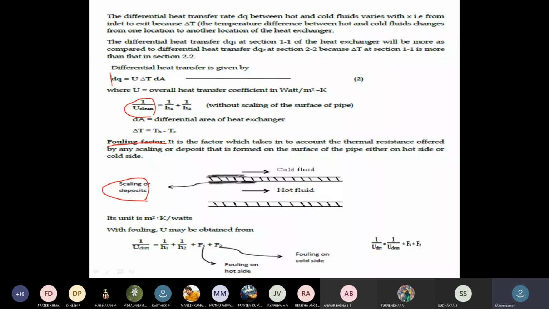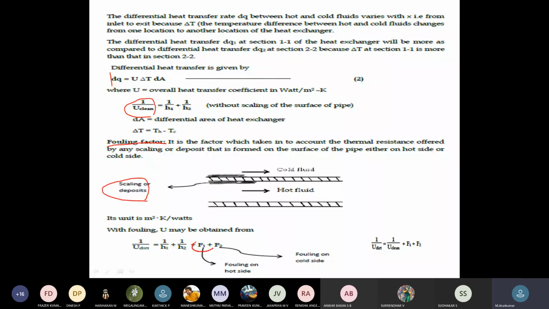So that too should be considered, right? So if there is scale or deposit, we have to consider the fouling factor. So the unit of this fouling factor is meter squared Kelvin per watt. So the fouling factor U may be obtained from 1 by U dirt. 1 by U dirt is equal to 1 by h1 plus 1 by h2 plus f1 plus f2.